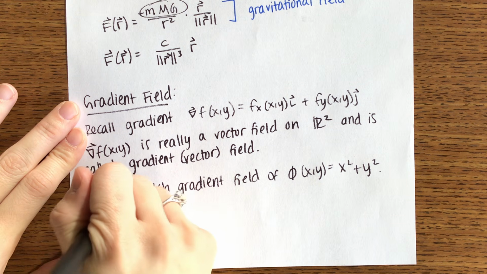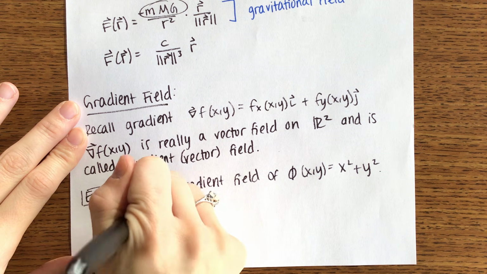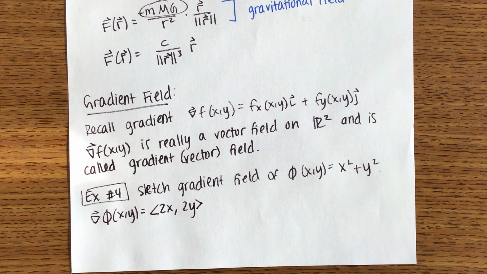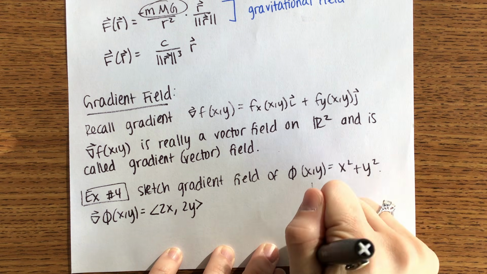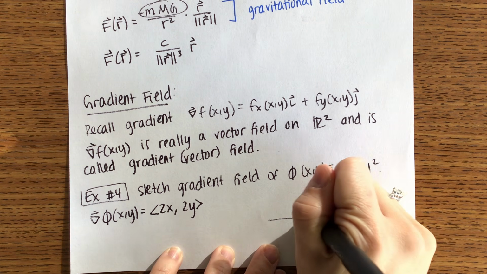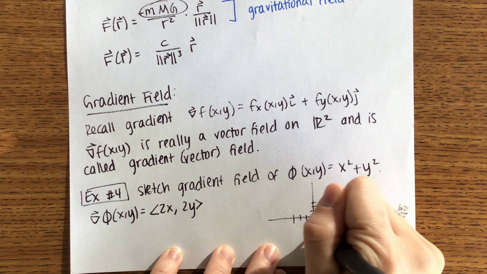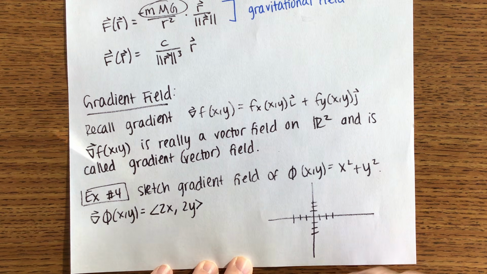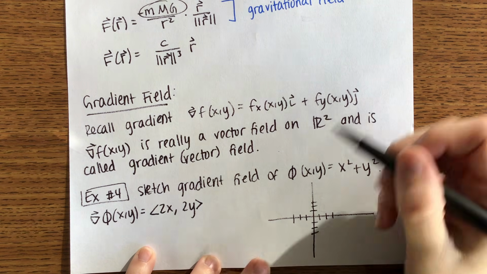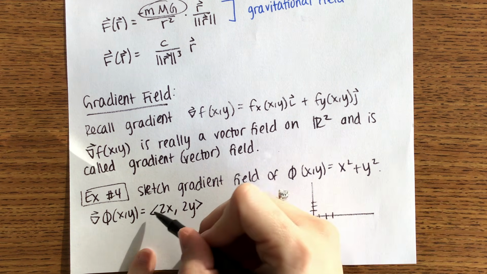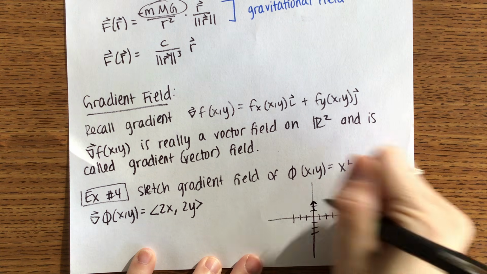Okay, so our gradient is 2x comma 2y. If we start at this point, 0, 1, that will give us 0, 2.